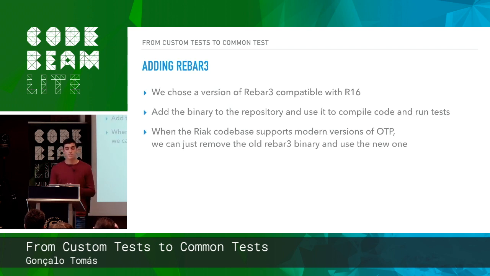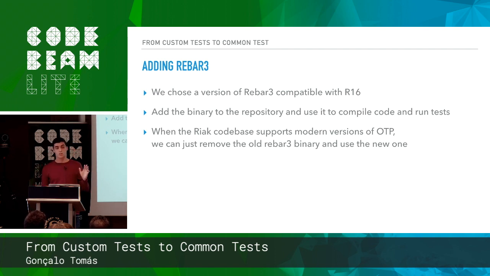So, adding rebar 3. Can it be done on such a large project? Basically, we went back to the list of releases for rebar 3. The interface for rebar 3 doesn't change at all over time, so we basically just pulled the release that was compatible with Erlang 16.